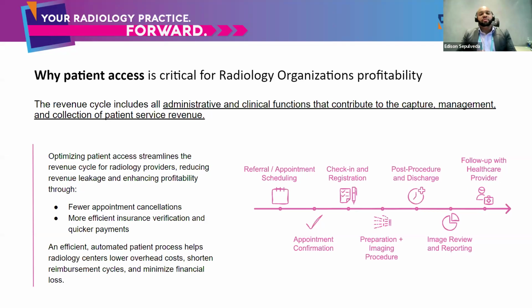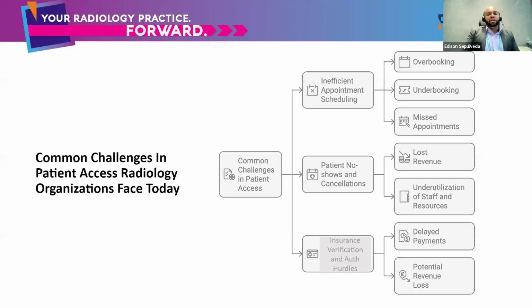And then the insurance verification and how it impacts both your collection at the point of the encounter and your denials management and claims management with the payers. But looking at these steps in the process, what are some of the things that we see that actually hurt your potential for revenue generation?